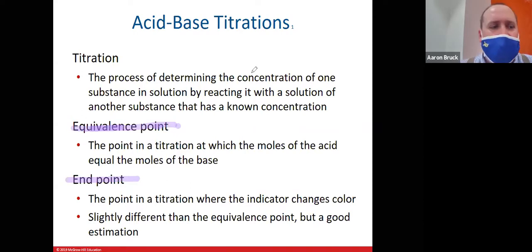Visually speaking, the equivalence point is darn near impossible to see without some kind of electronic or instrumental help. Because think about it. What color are most acids? Most acid solutions are what color? Yeah, they're colorless. They're optically clear.